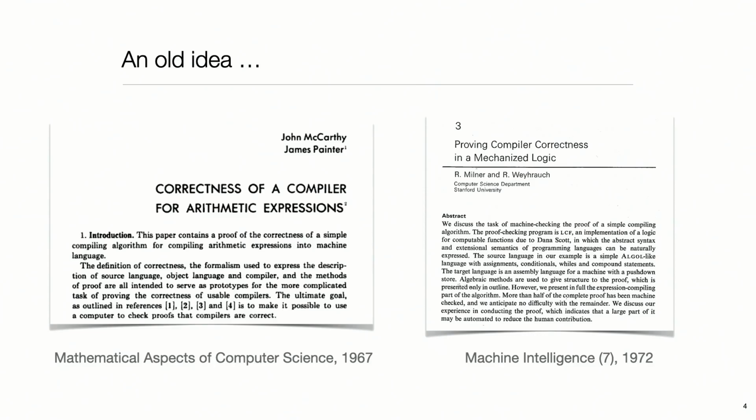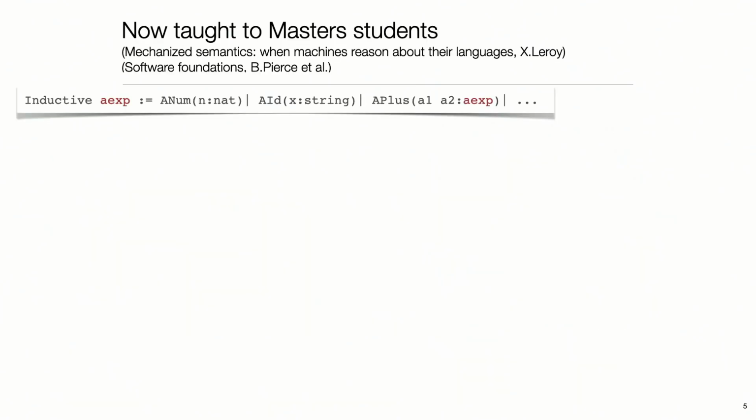Five years later, Milner and Weyhrauch mechanized this proof using the Stanford LCF prover. Today, this proof is taught to master's students as an exercise.